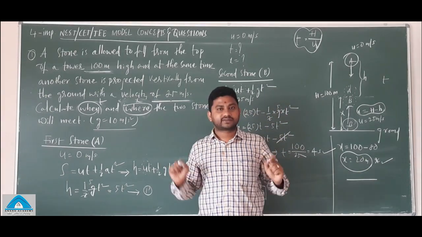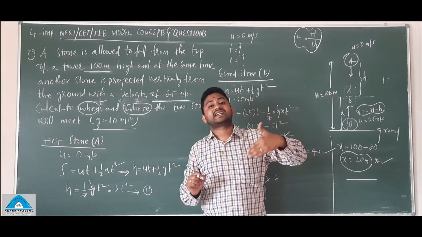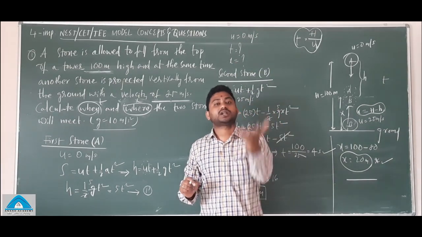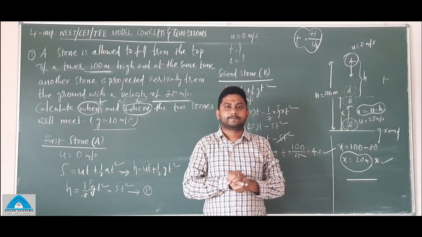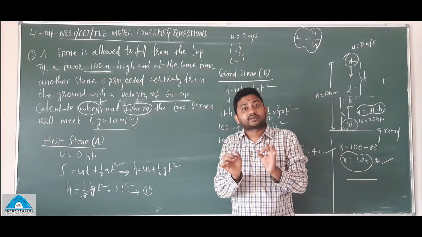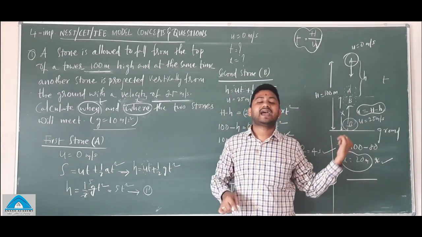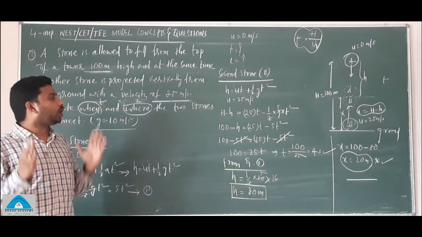Options will be given like this. Find where they meet from the top of the tower or from the bottom. If you find one, the other is very easy. Here they have not mentioned anything, so that's the reason we have shown both possibilities. I hope you got it.